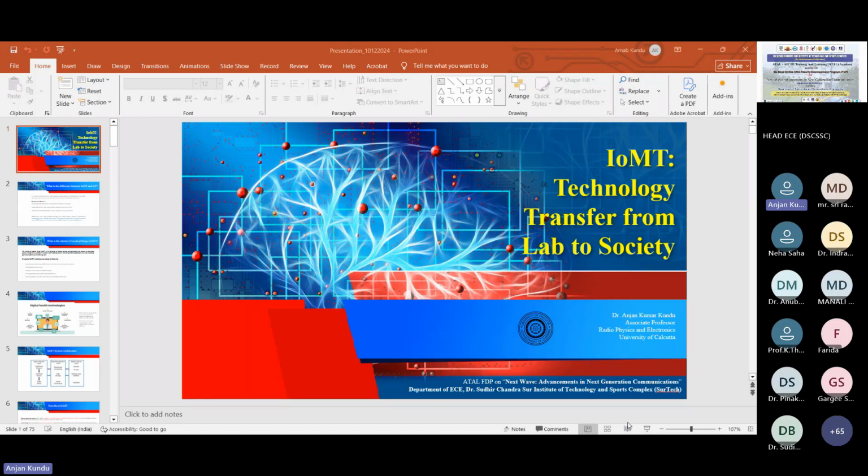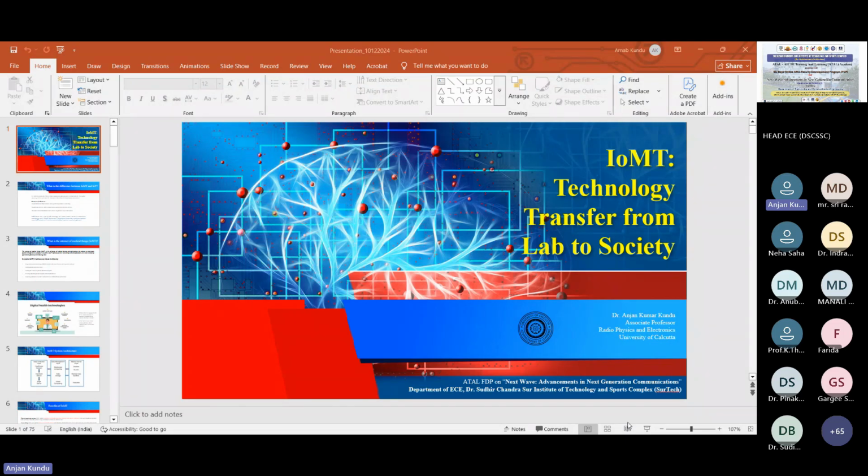For that, we need medical practitioners in our research team. So my team consists not only of researchers from electronics or CSE, but also doctors from reputed institutions in our state.